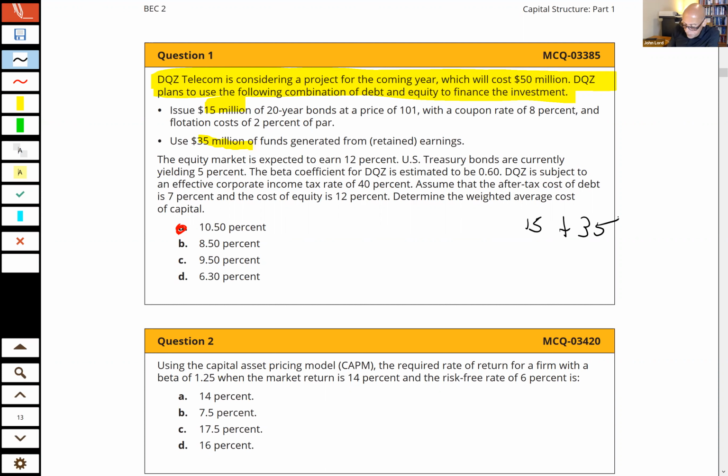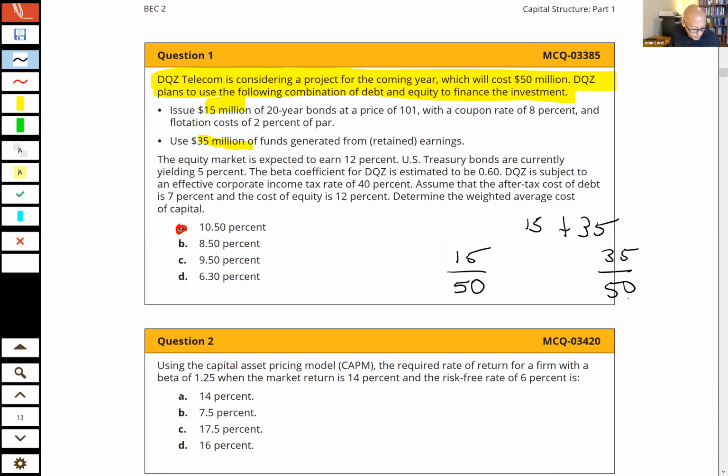Now, the first thing I would do is just set those up: 15 divided by 50, 35 divided by 50 is the way I'm going to portion out my equity and my debt using our WACC formula. Now, I need to get the after-tax interest rate to apply to the debt.